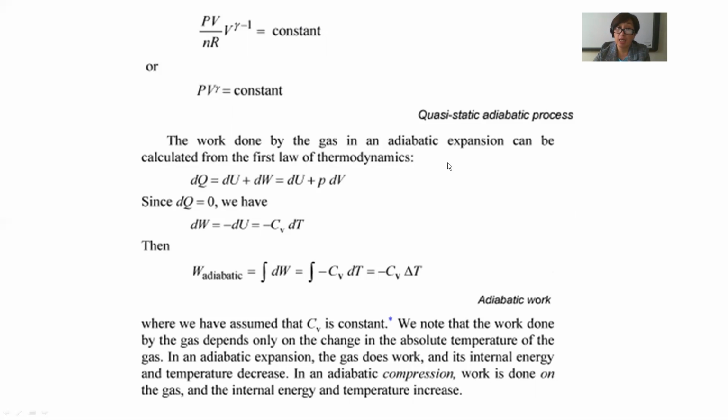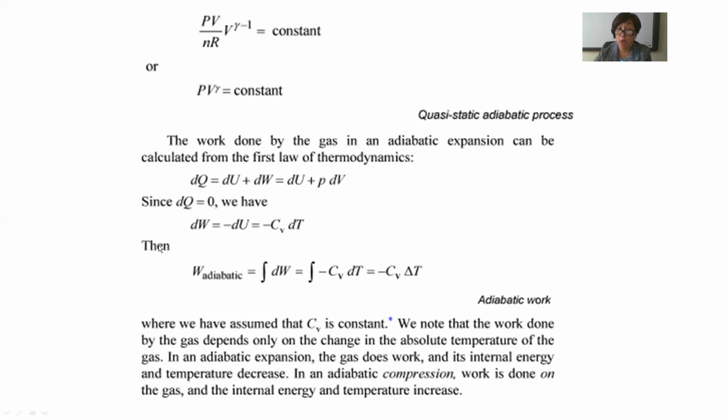The work done by the gas in adiabatic expansion can be calculated from the first law of thermodynamics. We know the differential form, dU plus P dV, and since dQ equals 0, the work equals minus the change in internal energy. We know the internal energy change is Cv dT. Calculating work done in the adiabatic process, the integral of the elementary work equals minus Cv dT.